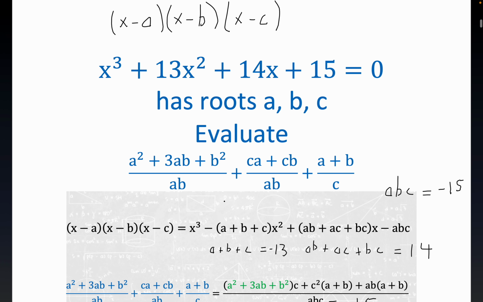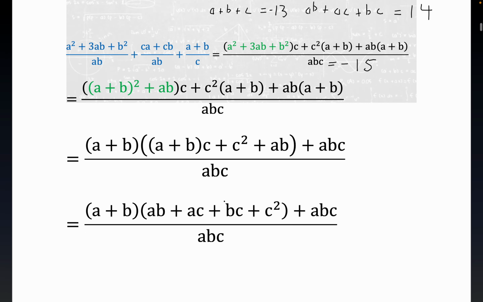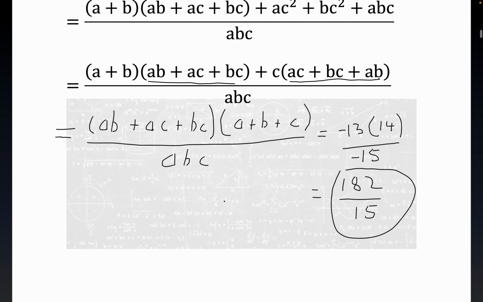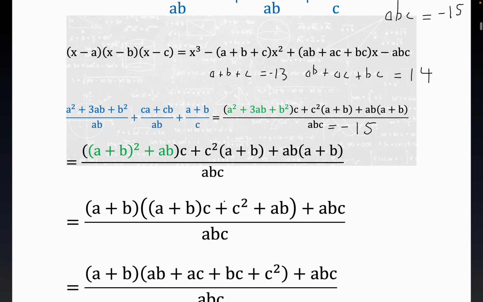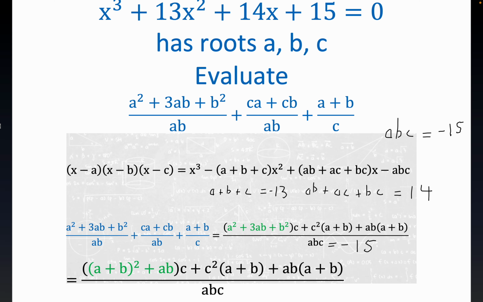But anyway, the answer to this is 182 over 15. Let me come up here and write it. I don't do that all the time, but I'll do it this time. So this is equal to 182 over 15. Again, a lot of algebra got the job done on this one. Okay, thanks for being here.